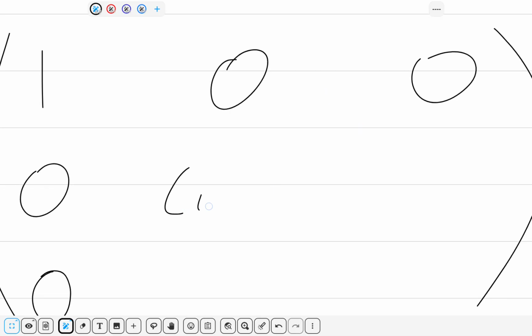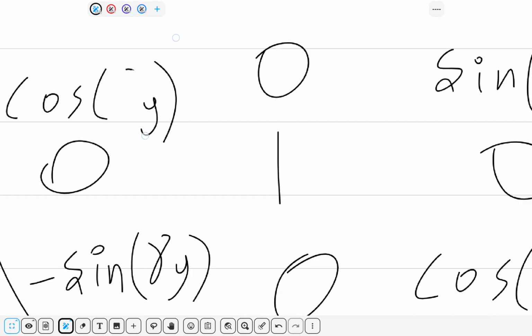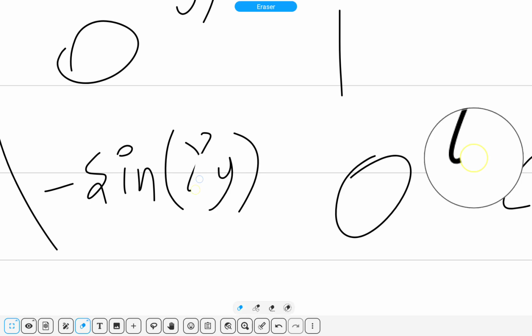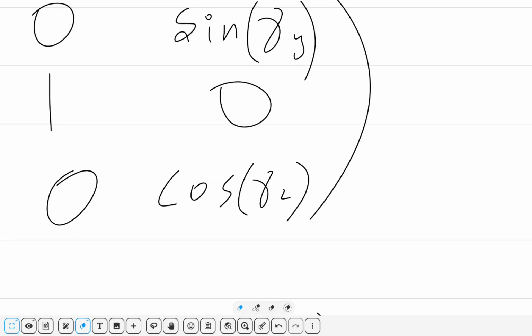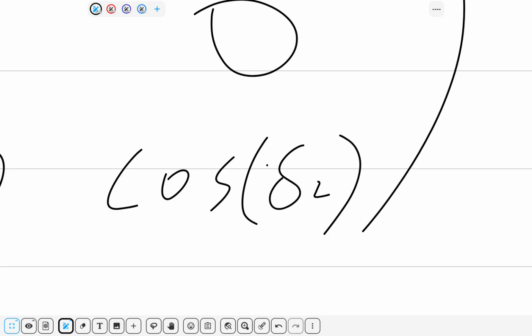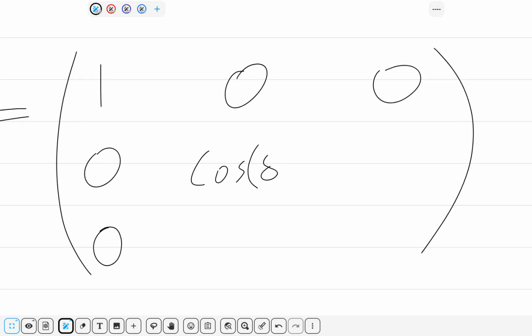So now I will just write again a small delta angle, a very small angle about the y-axis, and a very small rotation about the x-axis.